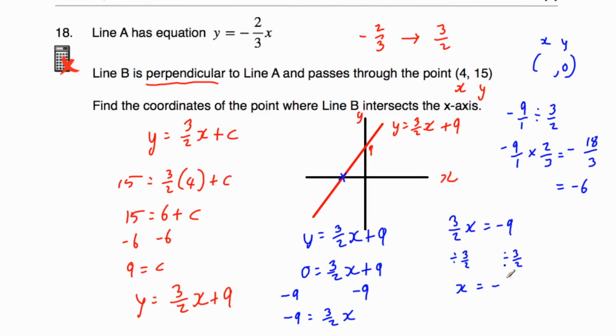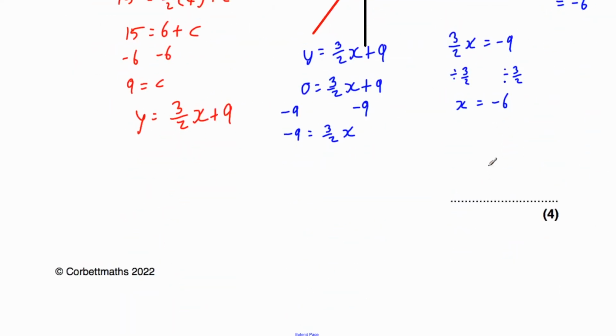That means that x equals minus 6. Another way we could have done this question is, because 3/2 is 1.5, we could have just divided minus 9 by 1.5, and 9 divided by 1.5 is 6, so minus 9 divided by 1.5 would be minus 6. The question says write down the coordinates of the point, so the coordinates of this point would be minus 6, 0, and let's write that down: minus 6, 0.